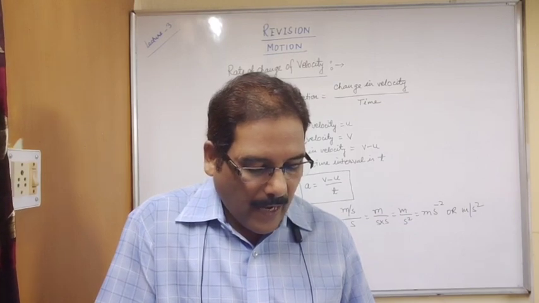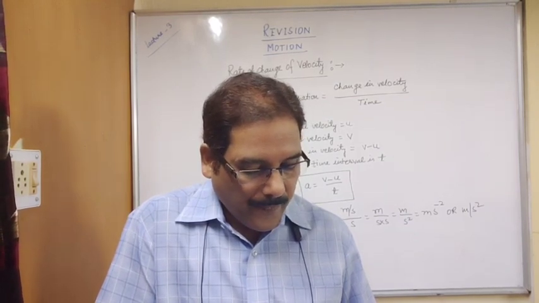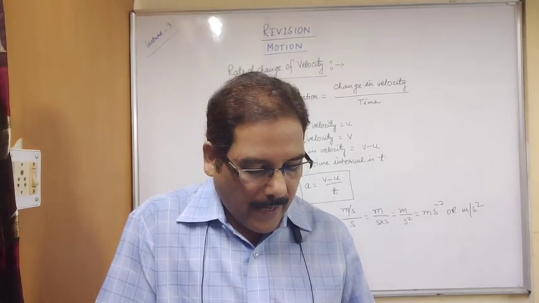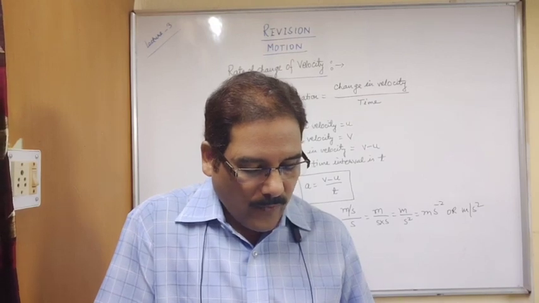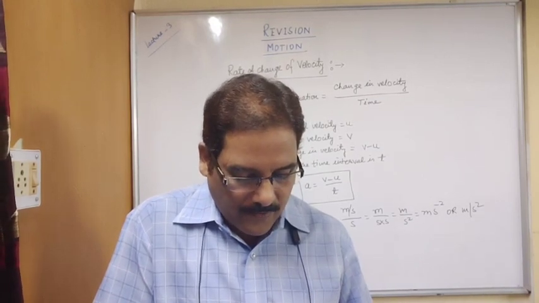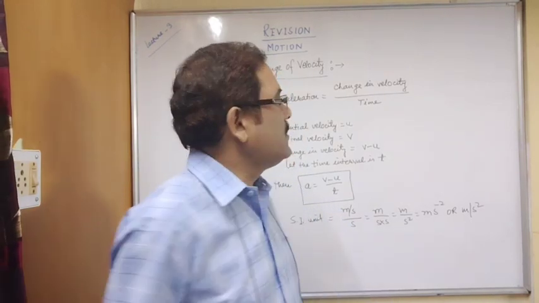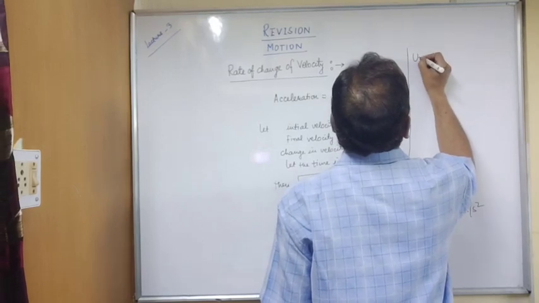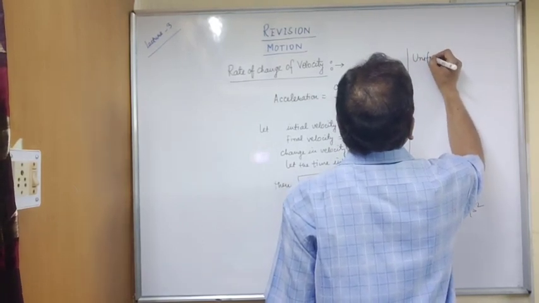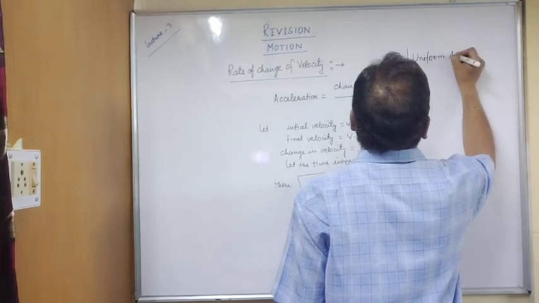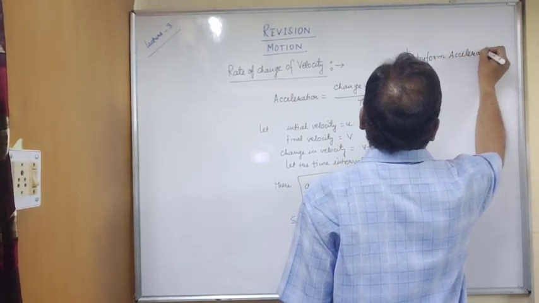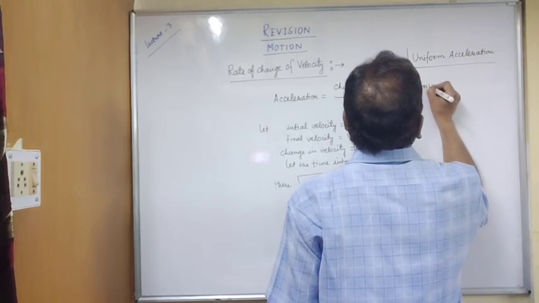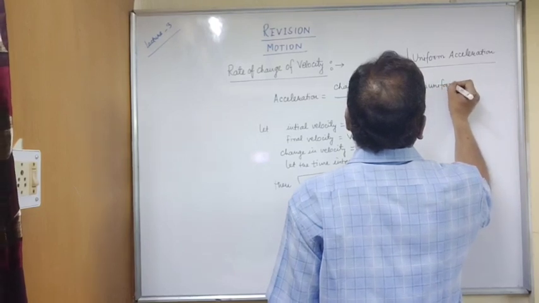For example, if a car traveling along a straight road increases its speed by unequal amounts in equal intervals of time, then the car is said to be moving with non-uniform acceleration. So these two terms are equally important. You must know the definitions of these terms: uniform acceleration and non-uniform acceleration.